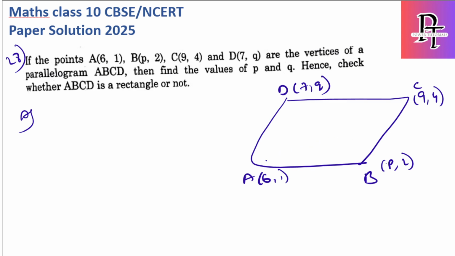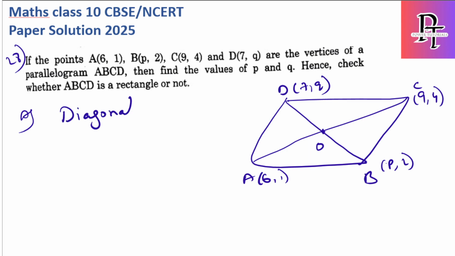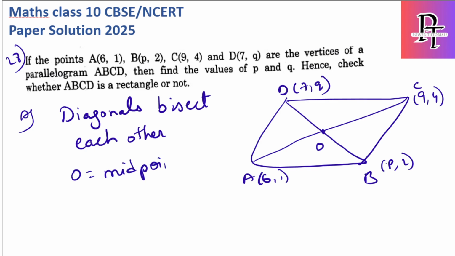Okay, so what is the property for a parallelogram? Its diagonals bisect each other. So if I mark this as O, I have to say first point: diagonals bisect each other. So O is nothing but the midpoint of AC, as well as it is equal to the midpoint of BD.